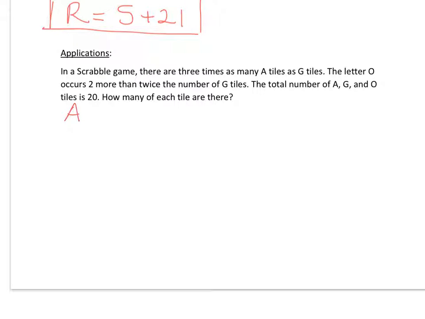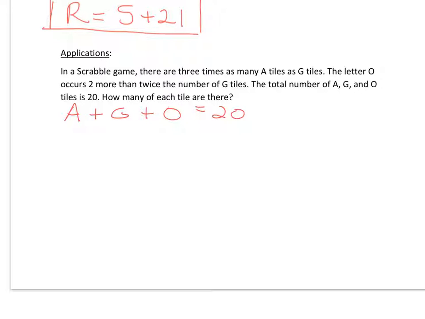And we could do something like A plus G plus O equals 20. But we have 3 different variables here, and at this point we only are working with equations that have 1 variable. So there is enough information here for us to turn this equation into an equation that has just 1 variable.